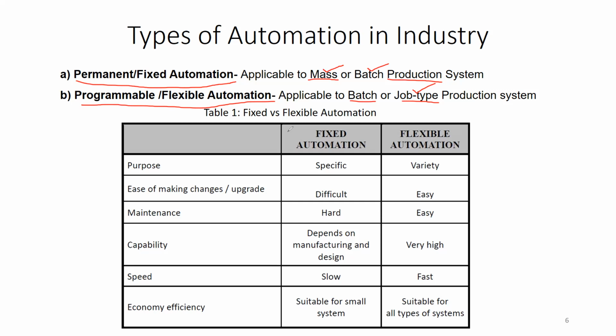So that is why a conveyor belt type of material movement system is applicable to a fixed automation. So have you heard of a conveyor belt or have you seen a conveyor belt? Any one of you? Yes, sir. Okay, very frequently used to move products in masses from one place to another.